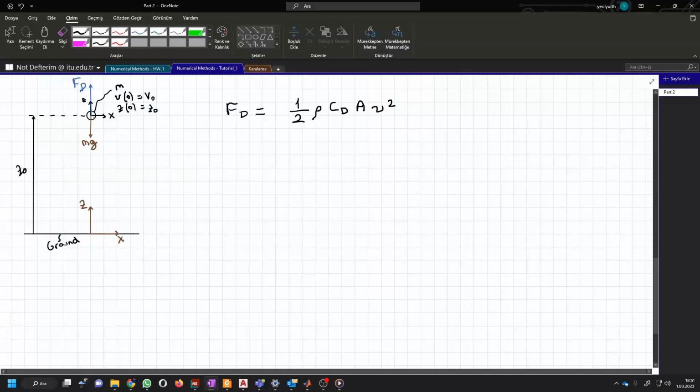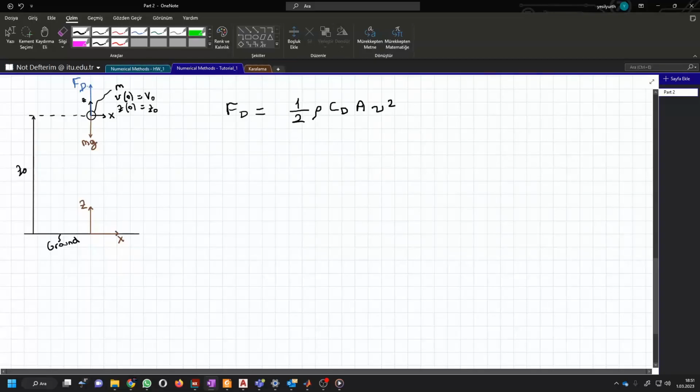If the velocity is positive, which means our body is going upwards, the drag force must have a negative direction with respect to this sketch.